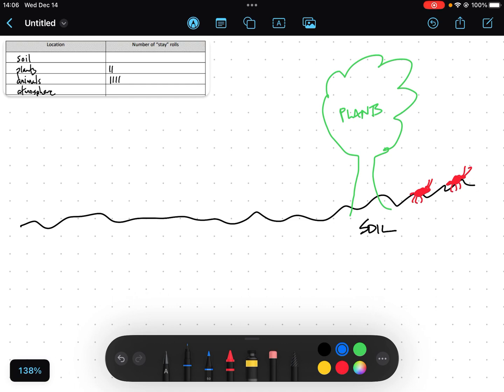The carbon atom could also be in the atmosphere. It could be in the surface ocean.